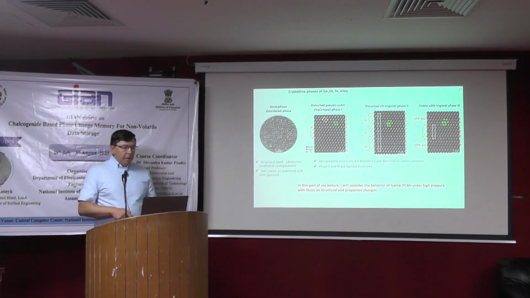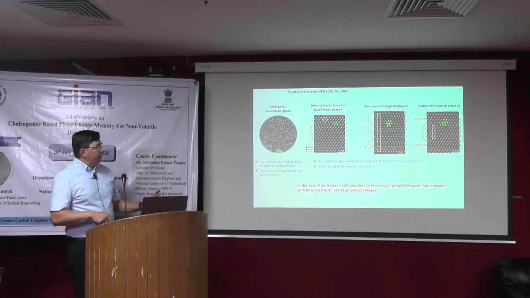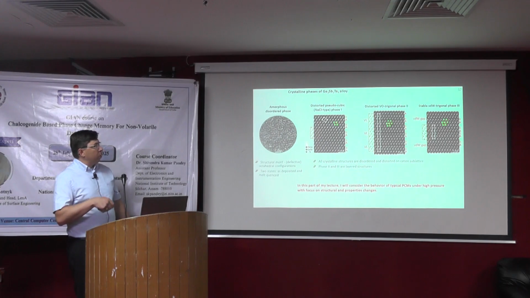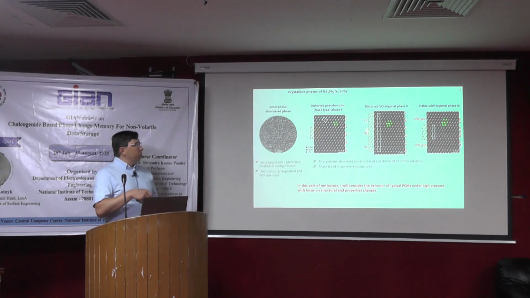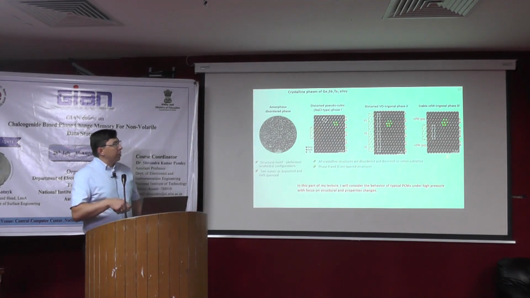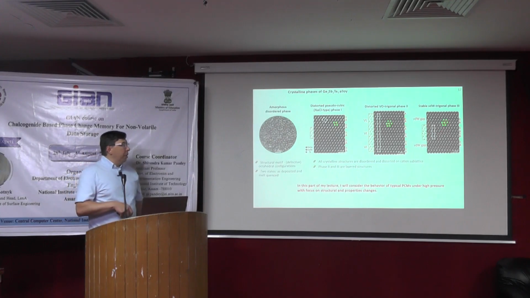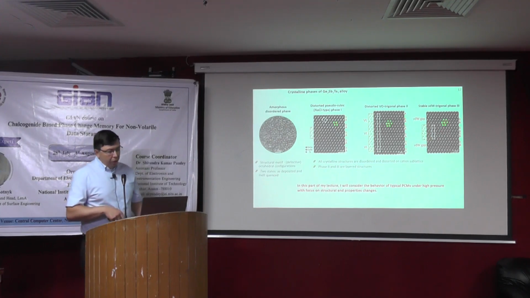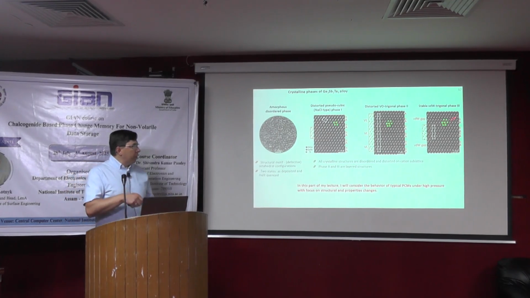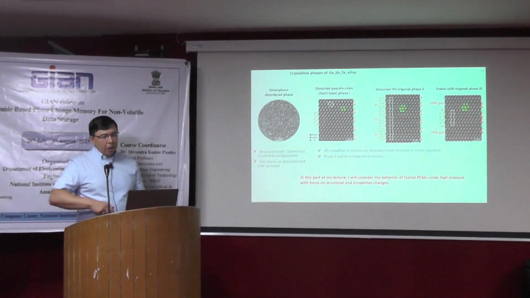So again, this is just for recap. You know already that there are different types of phases: amorphous, distorted cubic phase 1, distorted vacancy ordered phase 2, and the stable van der Waals like bonded phase 3. And here we will look at the phase transformation of these phases under pressure.